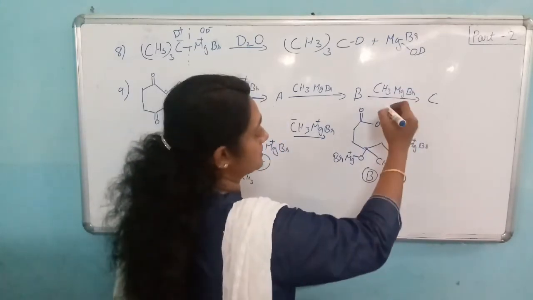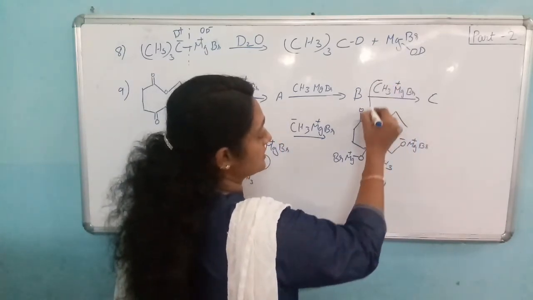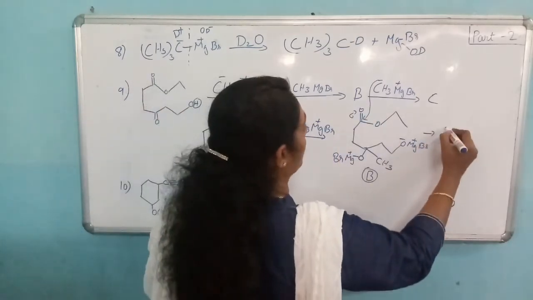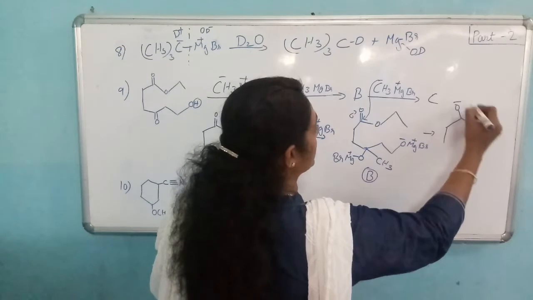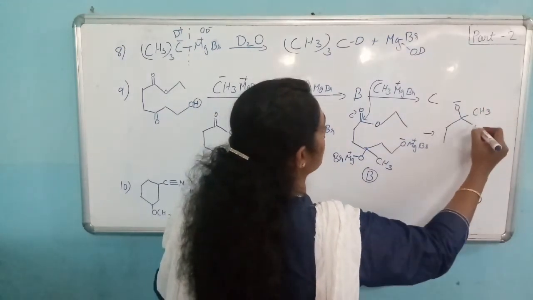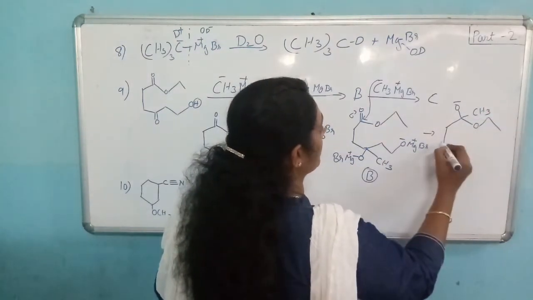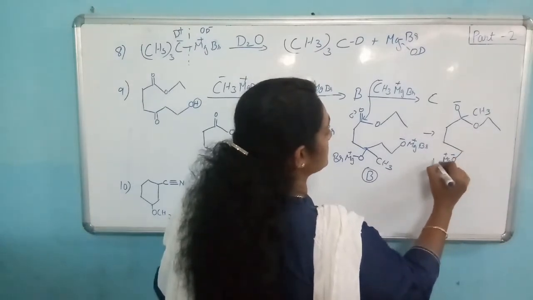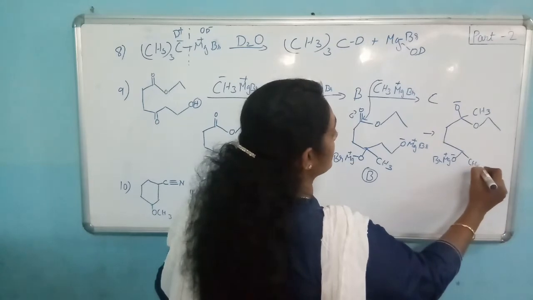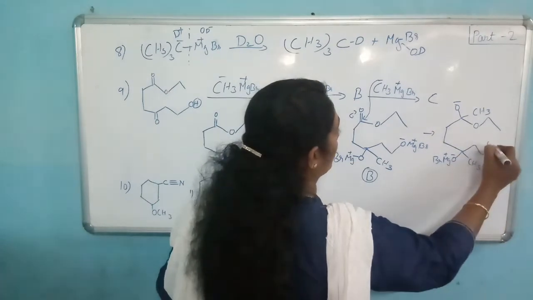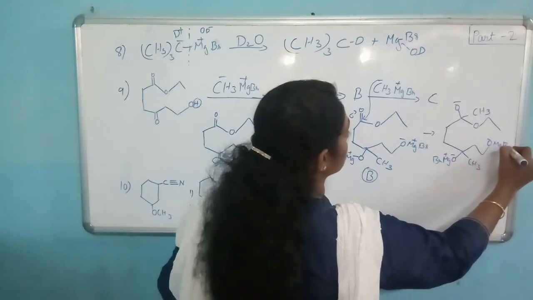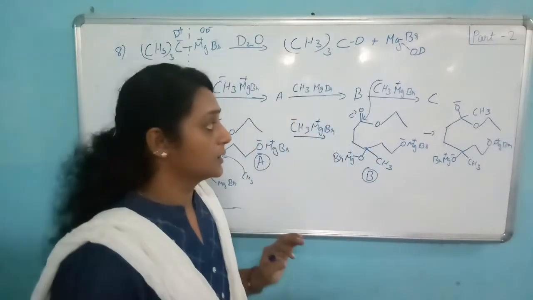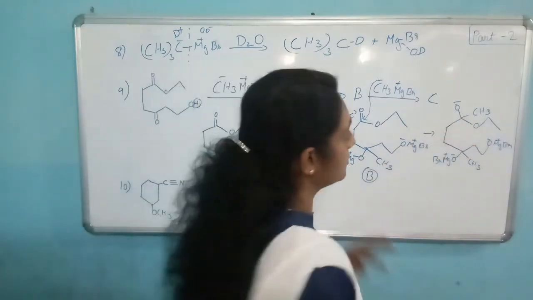Next, this CH3 minus comes and attacks the carbon, and the bond shifts to oxygen. We get O minus, CH3, O minus Mg plus Br, CH3, O minus MgBr. But this is the ester group.